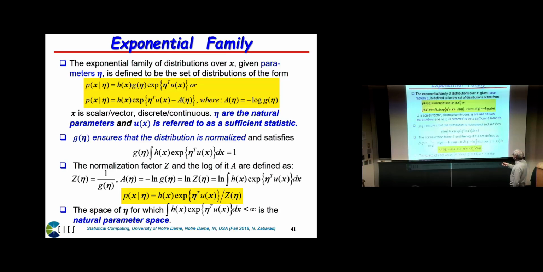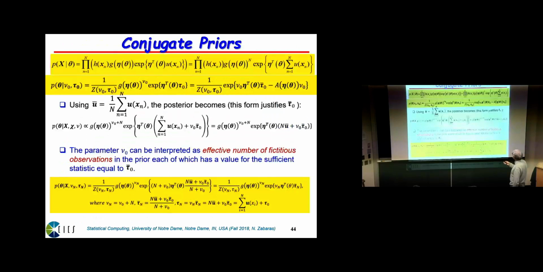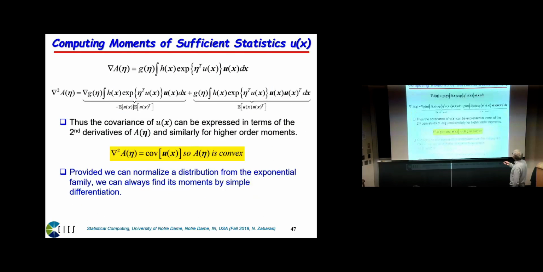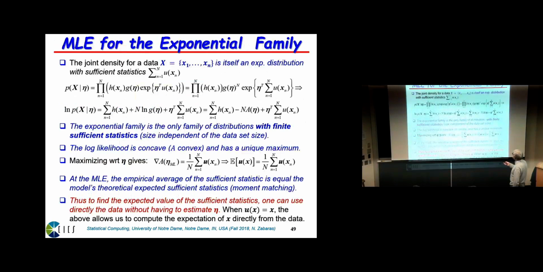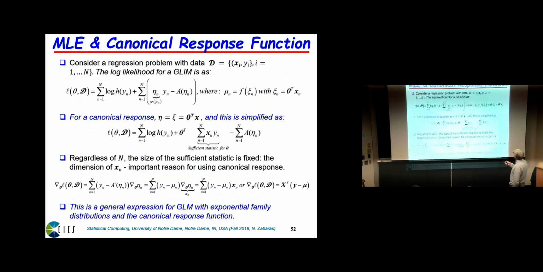So we are basically taking the log of that, so we're going to have the log of h, and then eta transpose u minus a of eta, and u is basically y in our problem for each data point, and we have n data points. Okay? So basically the log likelihood looks like that. A summation of the logs of h at yn plus eta n times yn minus a of eta n. Okay?